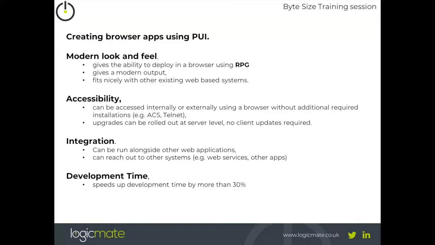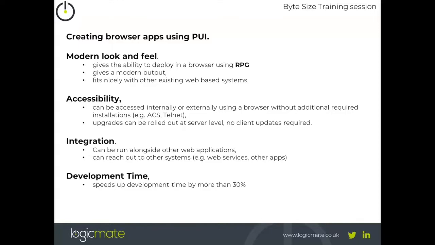It gives us a nice web-based feeling, but it also gives us the ability to provide accessibility from not just internally within a LAN, but using a wider area network. So remote access becomes much easier now, and it doesn't rely on any installed packages like ACS or Client Access 400 or a Telnet session.